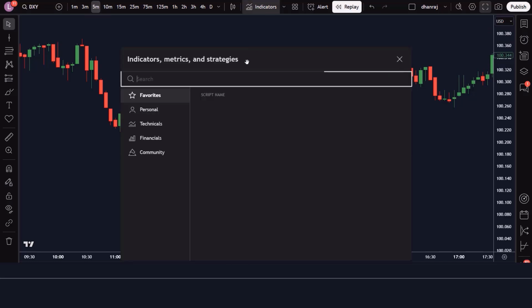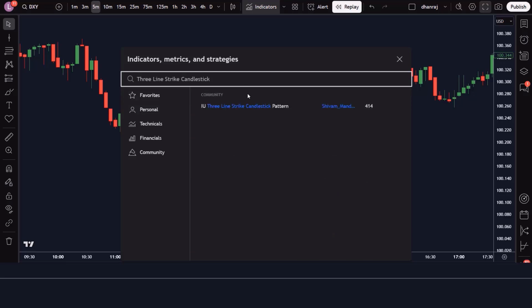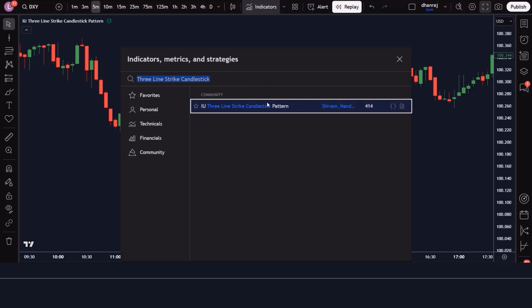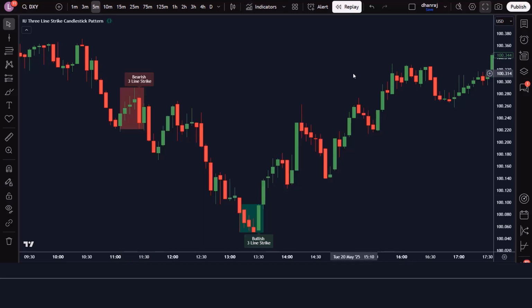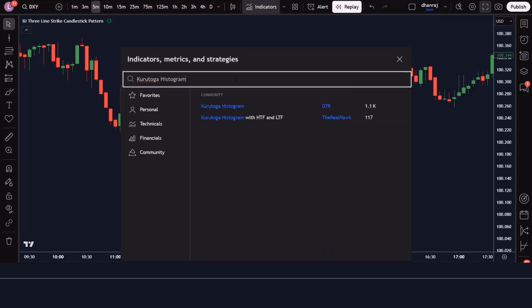First of all, we will search the 3-line strike candlestick indicator in the search box of Tradingview. After that we have to click on the IU 3-line strike candlestick pattern option, in which we do not have to change any settings. After that we have to apply another indicator on the chart. We will search Kuratoga histogram in the search box of Tradingview.